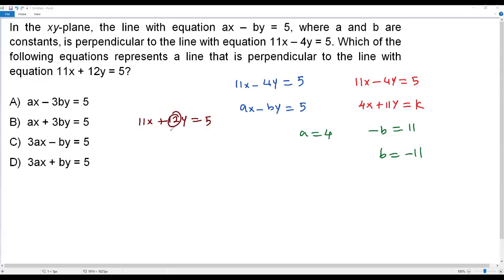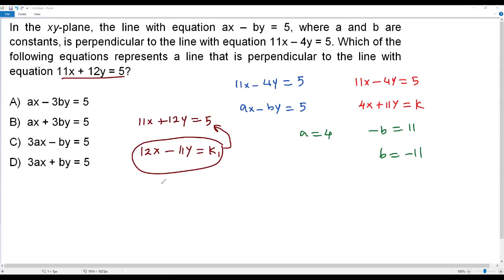So this 12 should be taken in front of x, and the number in front of x, 11, should be taken in front of y. Now we have to change the sign. It's positive, so it will become negative, and I replace the constant by some new constant, say k1. Now I have the equation of a line perpendicular to the line 11x + 12y = 5.